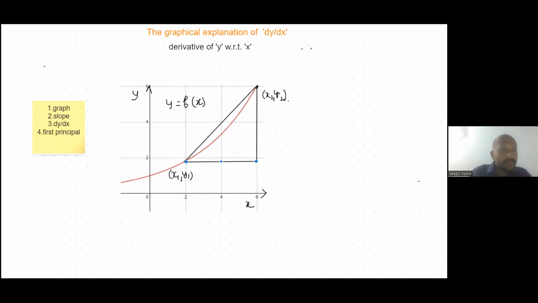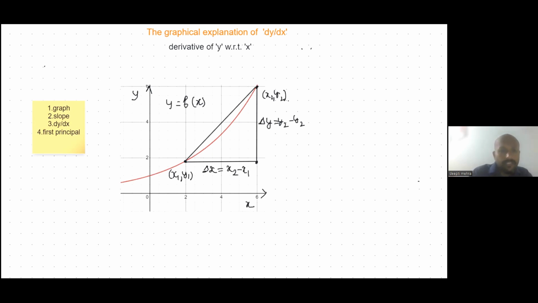So how much y, or the function value, has changed is represented by delta y, where delta y is equal to y2 minus y1. This vertical distance tells me how much y has changed over a given change in x, that is x2 minus x1.